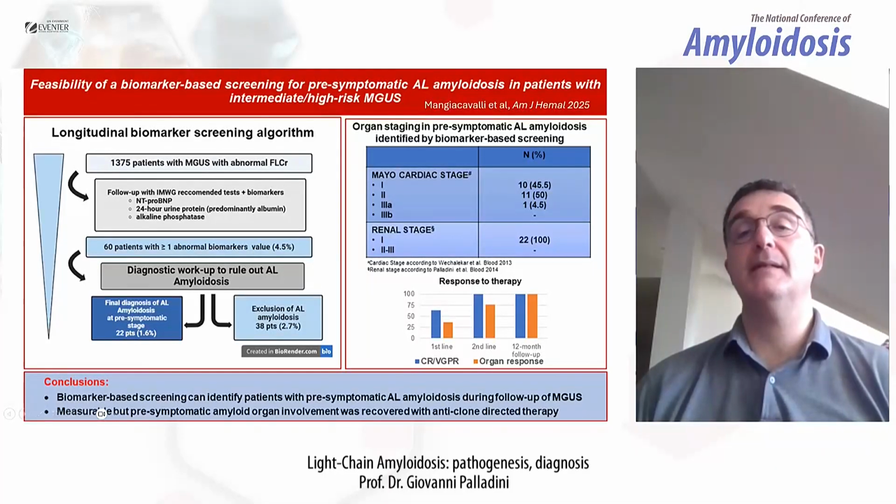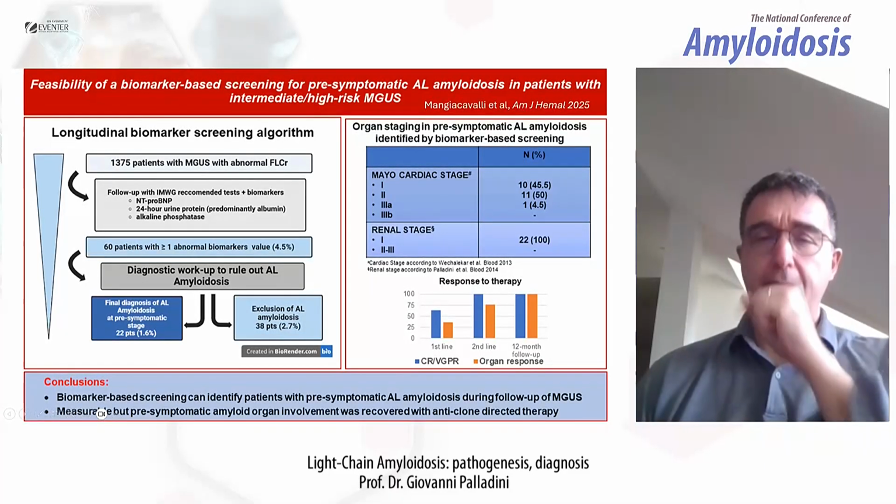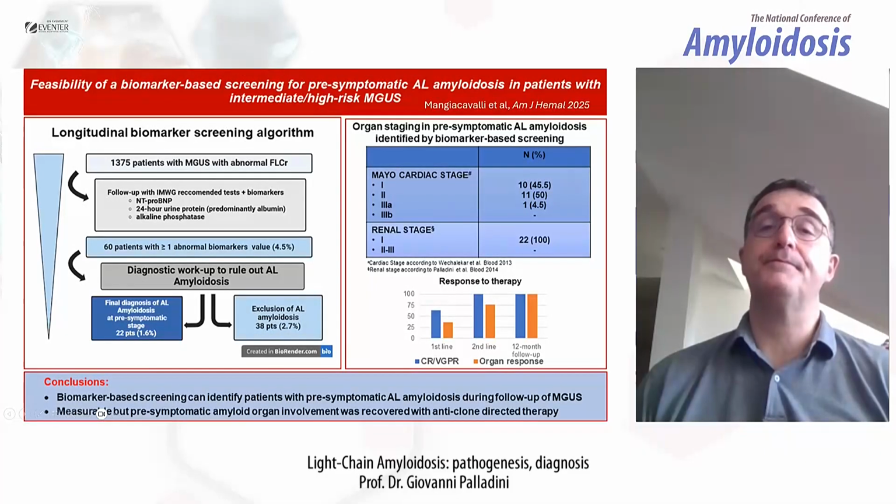And as you can see, all these patients were asymptomatic at the time we diagnosed them. But if you look at the table on the right, one of them already had a rather advanced cardiac stage.